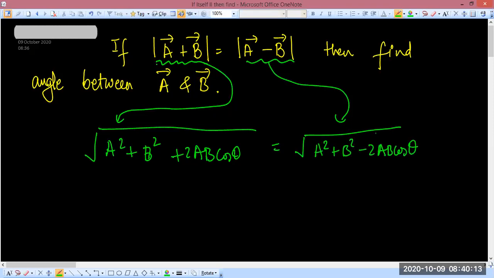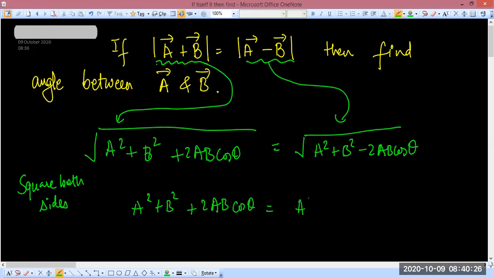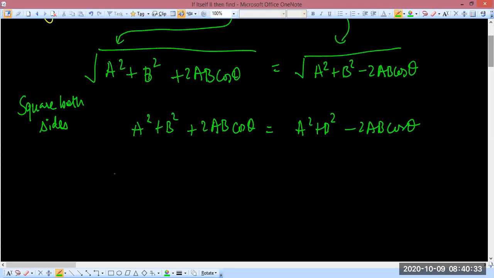All right. Now square both sides. If you square both sides, you get a square plus b square plus 2ab cos theta equal to a square plus b square minus 2ab cos theta. So now everything else is cancelled and you are going to get cos theta equal to 0, right?